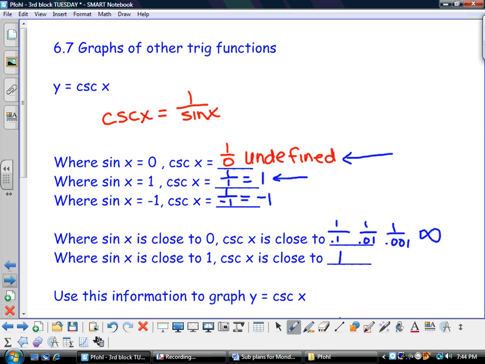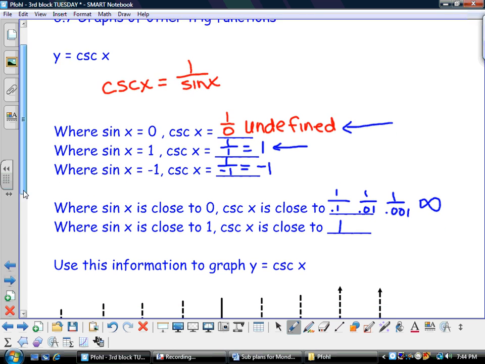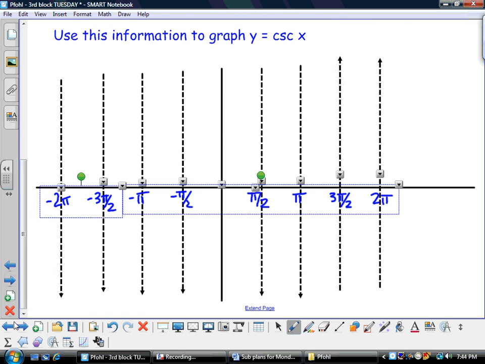Now let's use that information to sketch a graph of y equals cosecant of x. If you don't already have them, there are notes and graphs for you to use in this section. So take a minute, pass those out, and then let's make a graph of y equals the cosecant of x. To make this graph, the first thing I want to do is, since it's the reciprocal of a sine graph, let's start by making a sine graph.